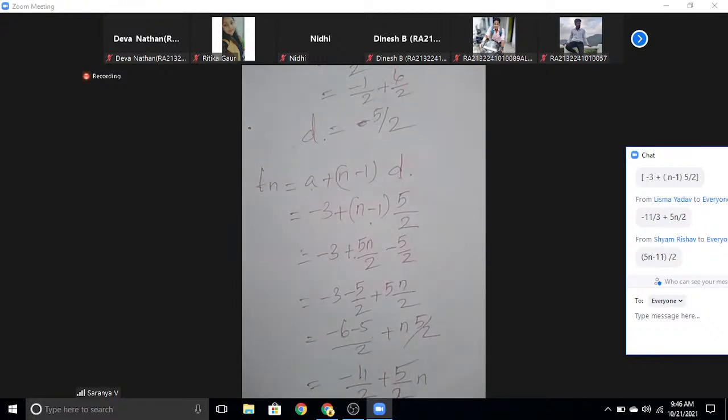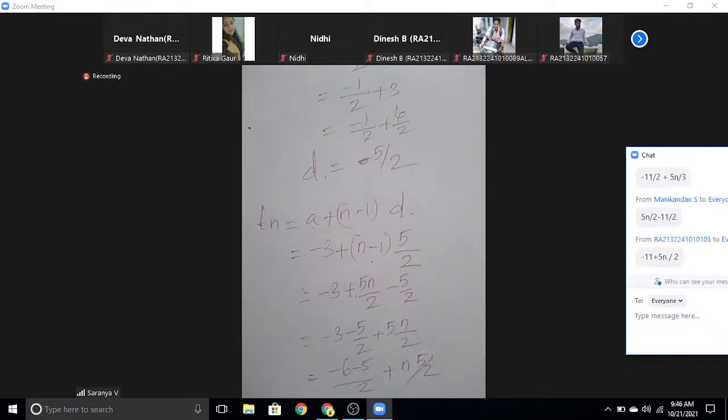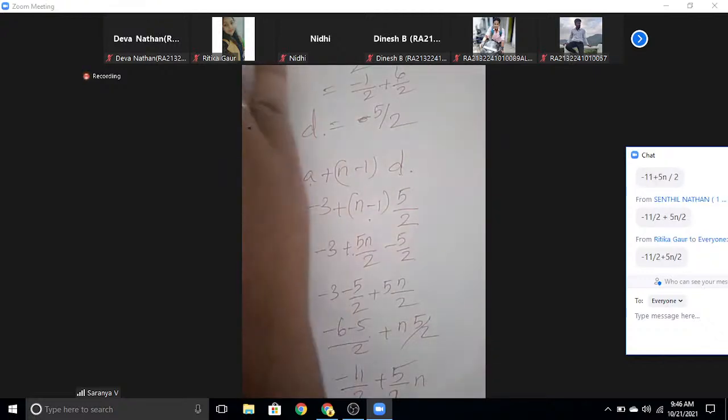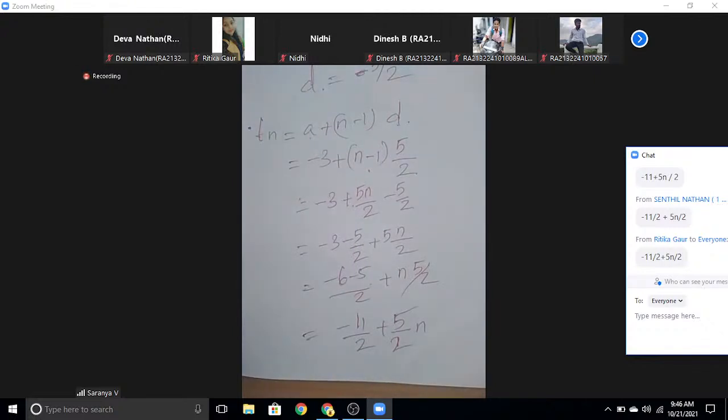That is the general term. Yeah, right. 5n minus 11 divided by 2. Right. I think typing mistake. Okay, any doubts?